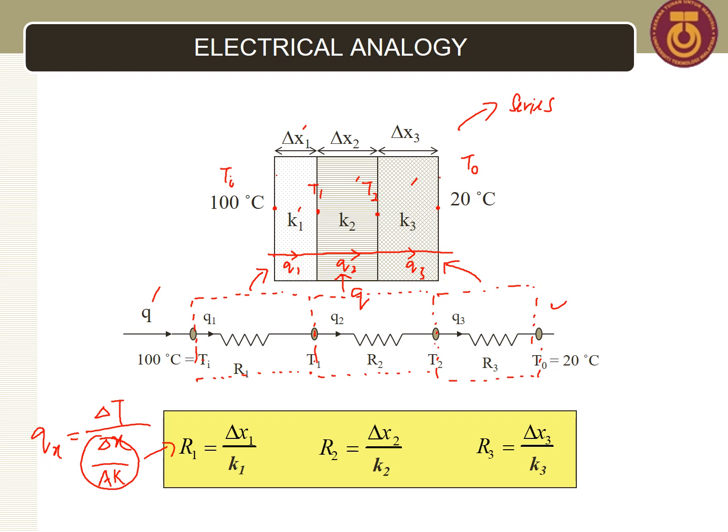Because A is constant, so we take it out and put it on the other side. So it becomes Q over A, meaning it's a flux. We only take the variables into consideration. That's why you see R equals delta X over K. So R1 equals delta X1 over K1, and so on for R2 and R3.